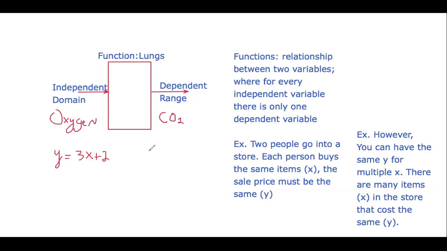So if x is 0, then y equals 3 times 0, that's why I put it in for the x value, plus 2. 3 times 0 is 0, plus 2 is 2, so y equals 2.